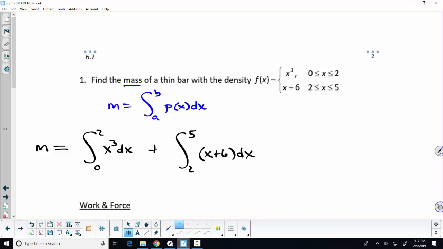Right. Since it is a piecewise function, it varies in more than one way. Those problems are pretty straightforward, just like that. There's not much more we can do with that. And the units? They're not given, so the mass is whatever, kilograms, whatever they give us.